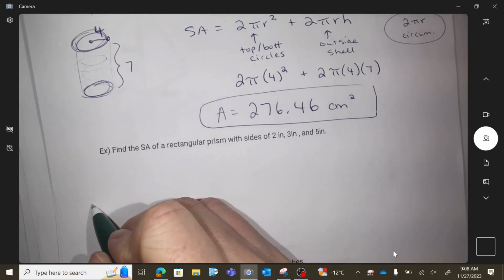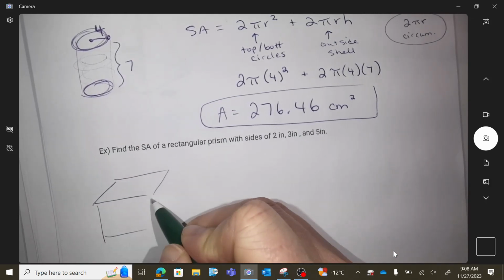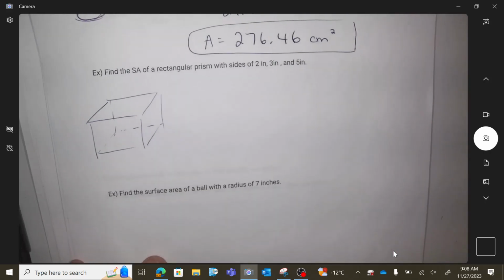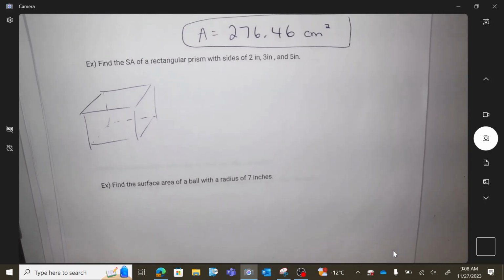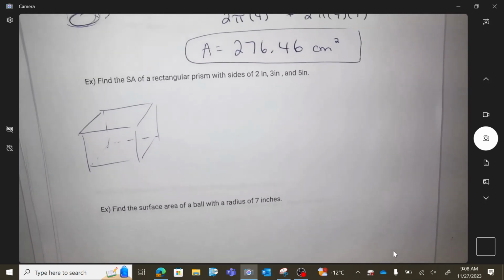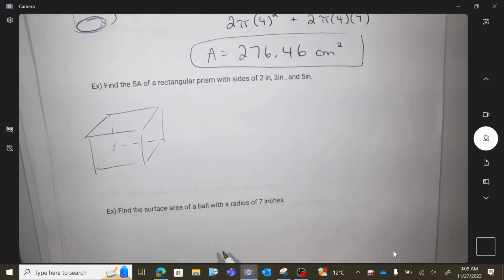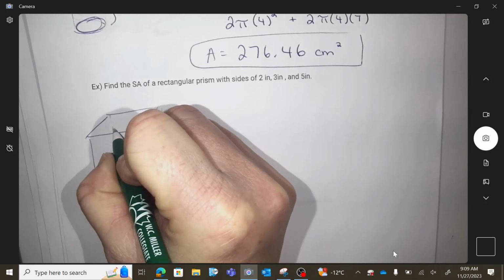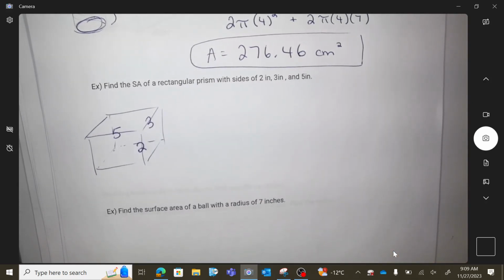Okay, so now we have a rectangular prism. This is kind of the object we're thinking of, a rectangular prism. So we have a 2 by 3 by 5. For this one, I don't really ever use the formula, to be honest.